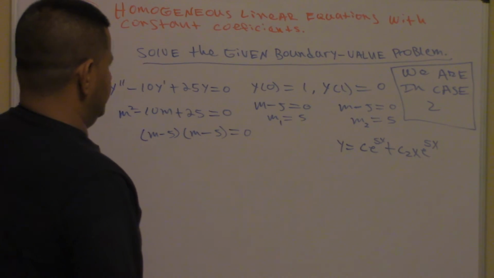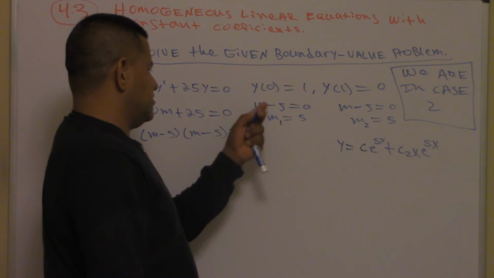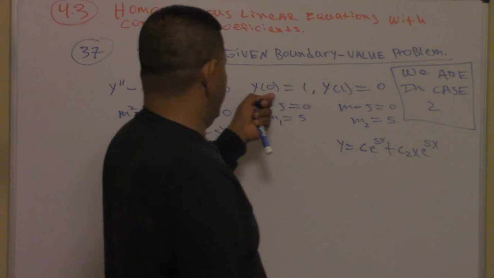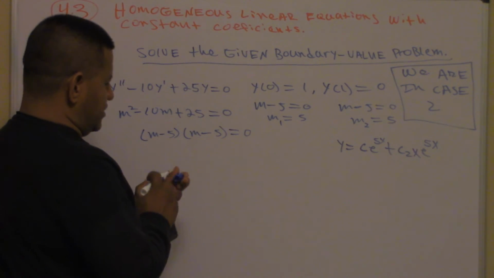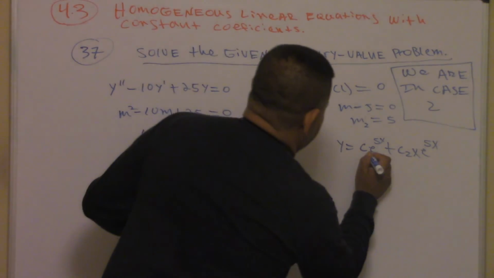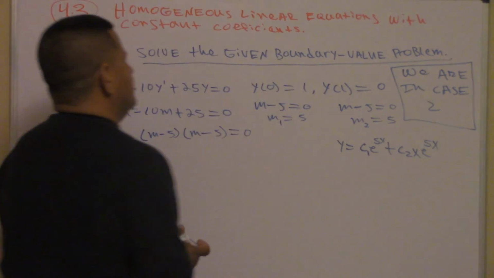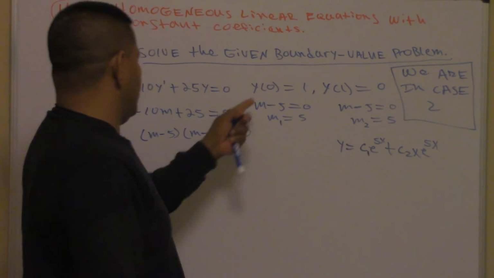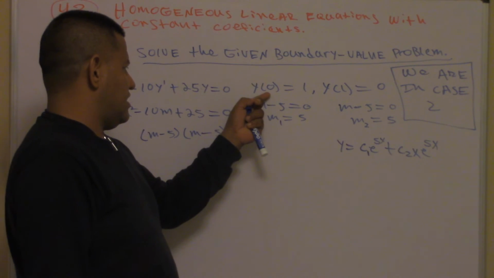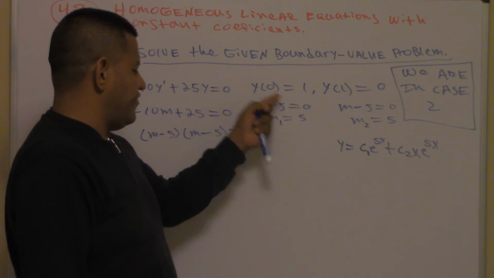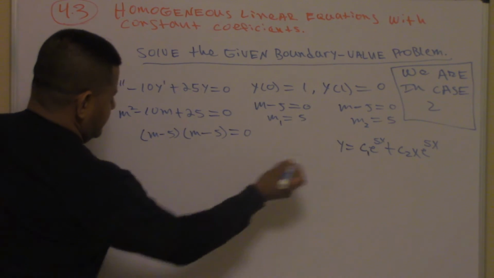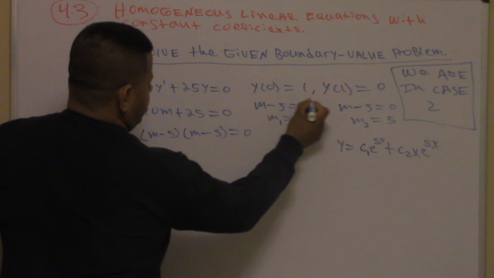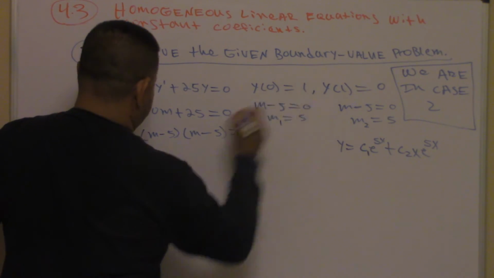Now, I can actually find C1 and C2, okay? What I'm going to do is use the first initial condition first to find C1.